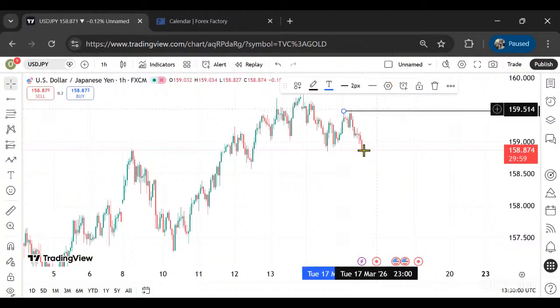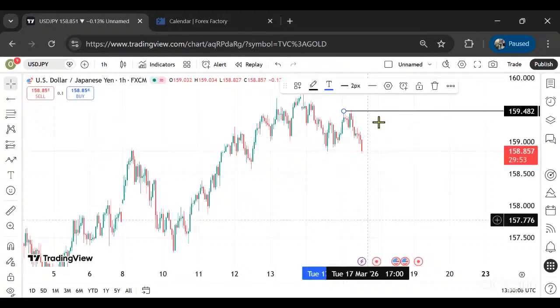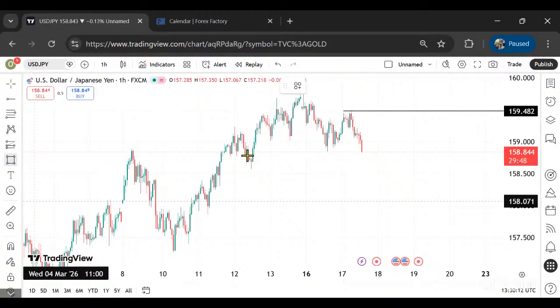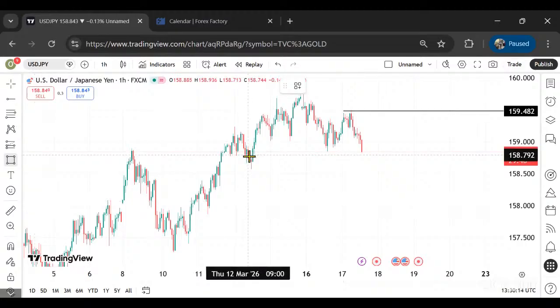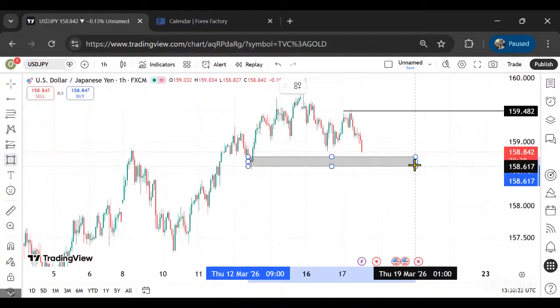But as for now, I expect the market to drop down. And again, if you pay attention, there is a demand zone here. The market is likely going to be reacting to this demand zone. Do you know what a demand zone is?